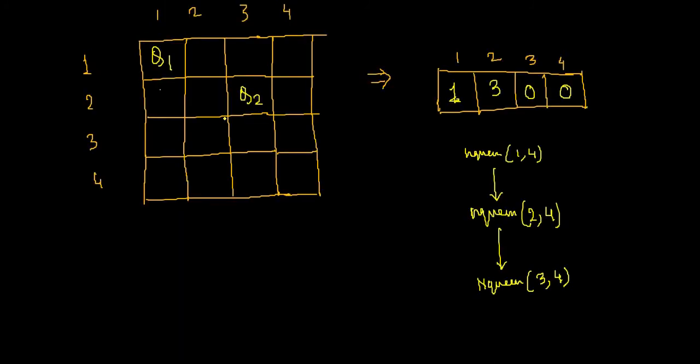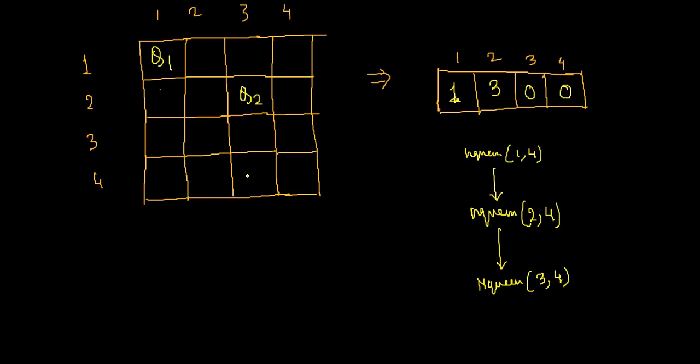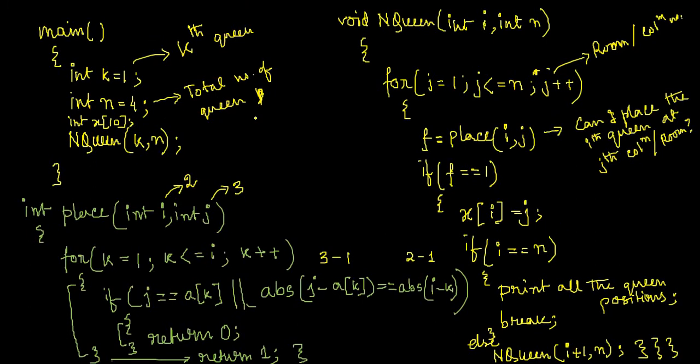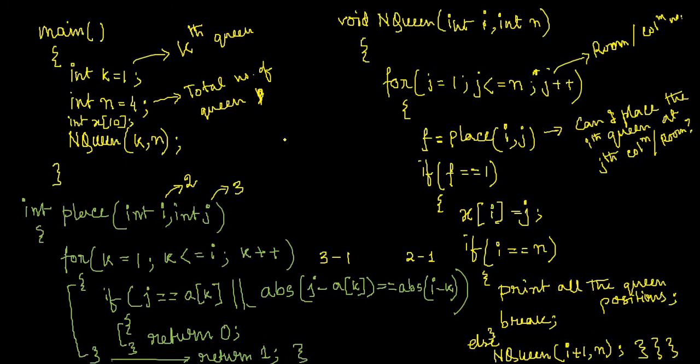That means when k is equal to 2, you will get a collision and this particular part will be true. If you place queen 3 over here, again you will be in the same column with queen 2, maybe not queen 1, but with queen 2. So for k equal to 2, again this particular part will be true. And also if you place queen 3 over here, again it is the same diagonal with queen 2. That means this particular part will be true.